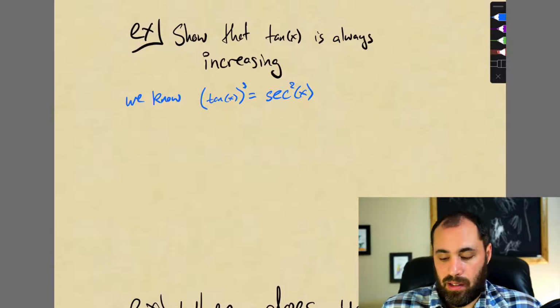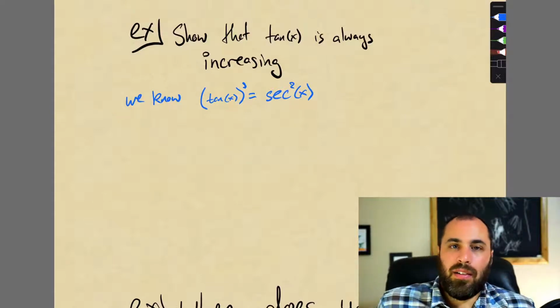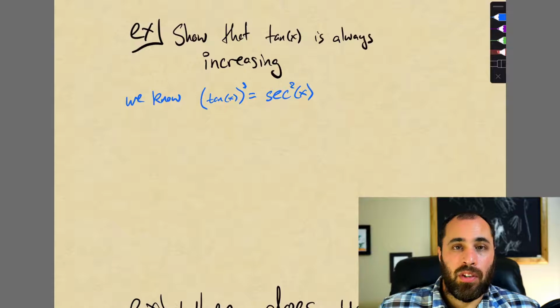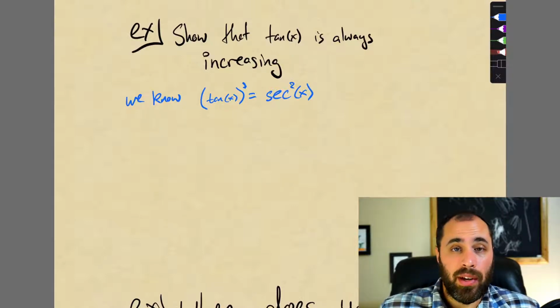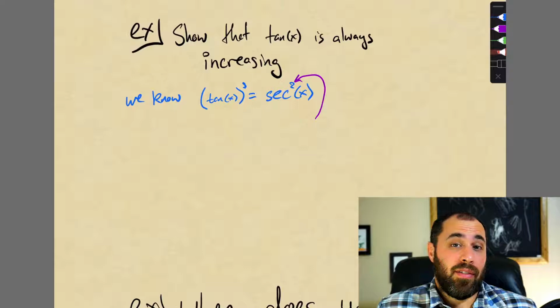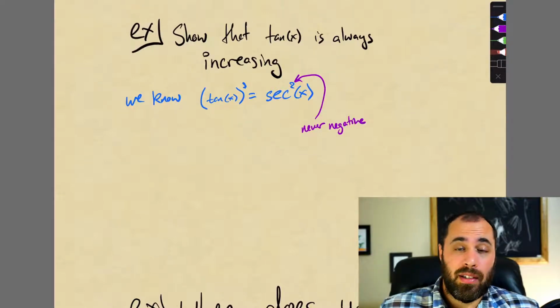Remember, we write these squareds next to the name of the function, even though we mean secant x times secant x. It just removes any confusion that we're not writing secant of x squared. The fact that we're squaring this thing means it can never be negative. If secant x were negative, it would be a negative times a negative, and we'd get a positive.